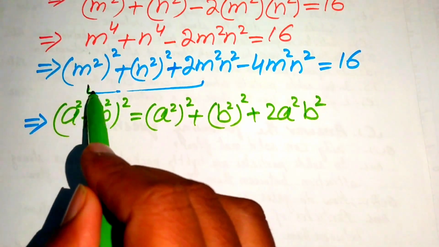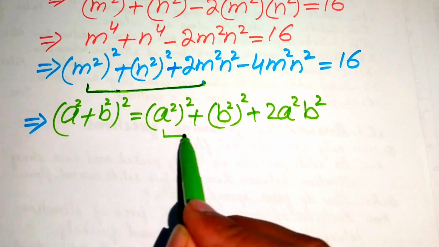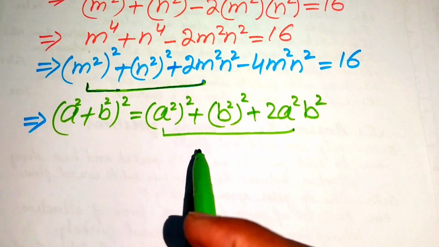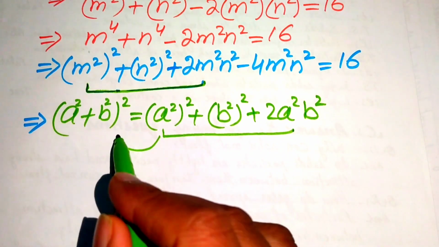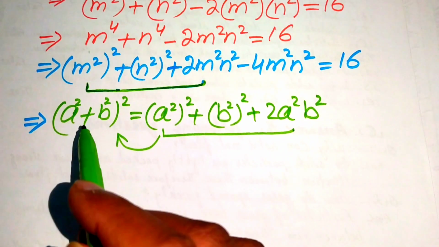So if you focus on these terms, you see that this is the right hand side of this identity, and when we combine it, it is written in this form.